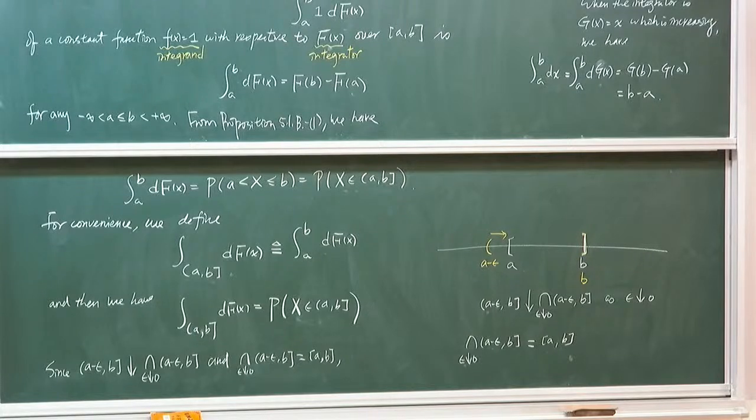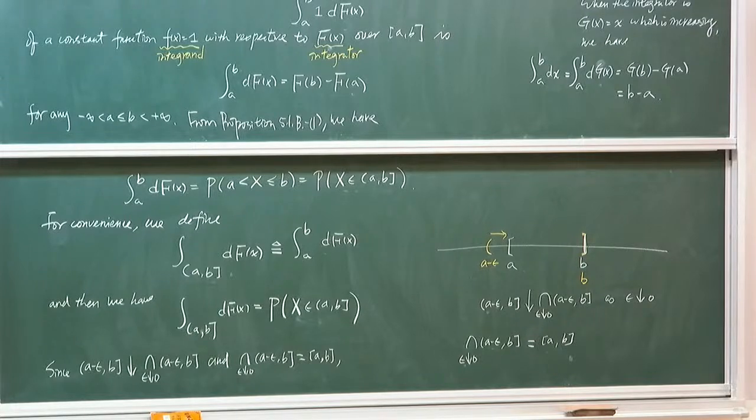So the point a minus epsilon will approach a from the left-hand side. So this is f of b minus f of a minus. But f of b minus f of a minus, what is that? Which is the probability.